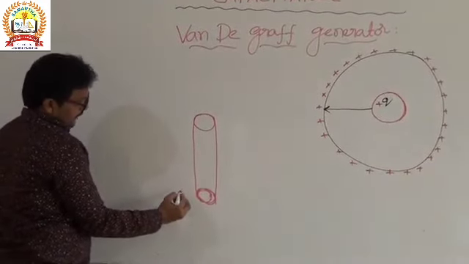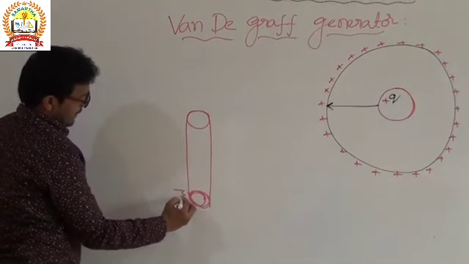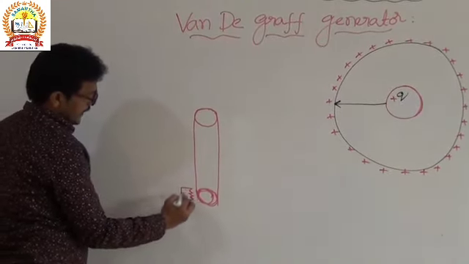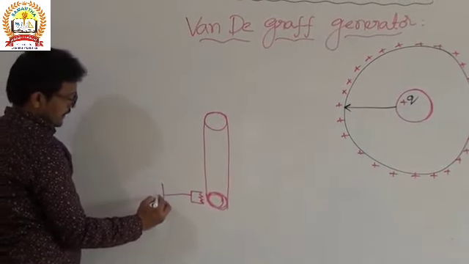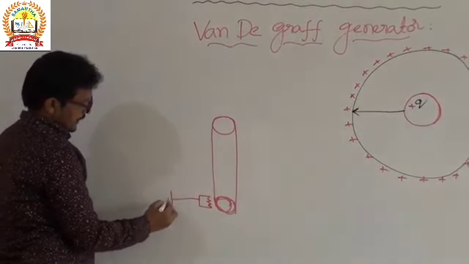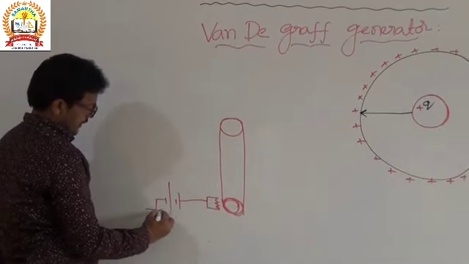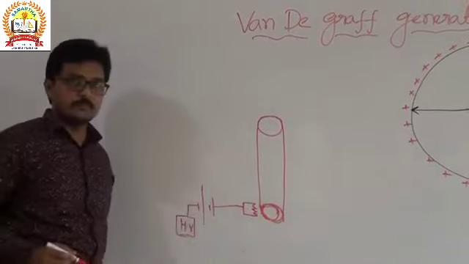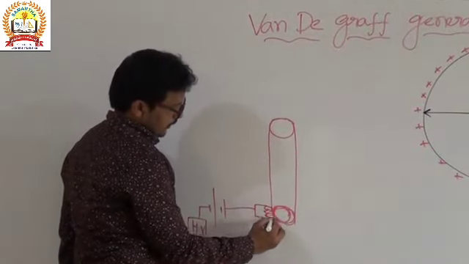And here I am using the comb. This is called the emitter comb, and it is connected to the high voltage power supply. It is connected to the high voltage power supply, and this is connected to the lower belt.